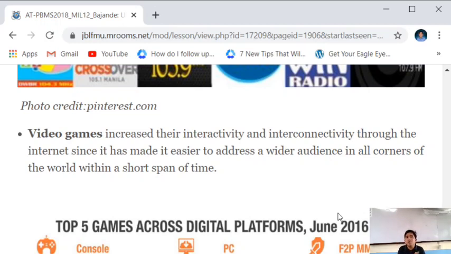So that is how powerful media is now, because of video games. And that may be because of the influence of another type of media, which is the internet. Later on, we will discuss more about it.